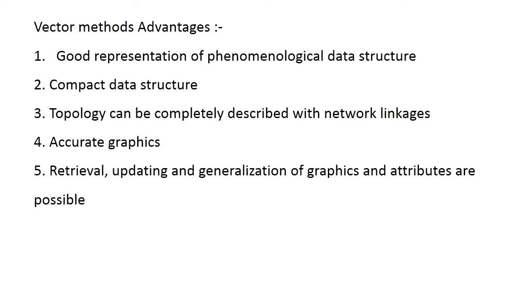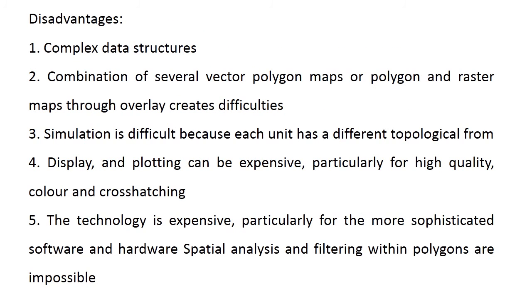Now let us see a few disadvantages of the vector data model. First of all, complex data structure. Vector data is very complex. The combination of several vector polygon maps or a polygon and a raster map through overlays creates difficulties.